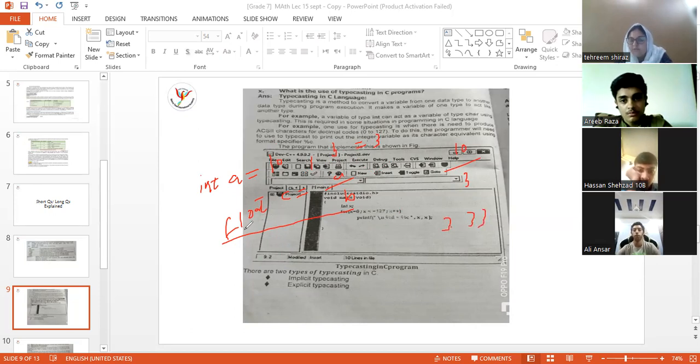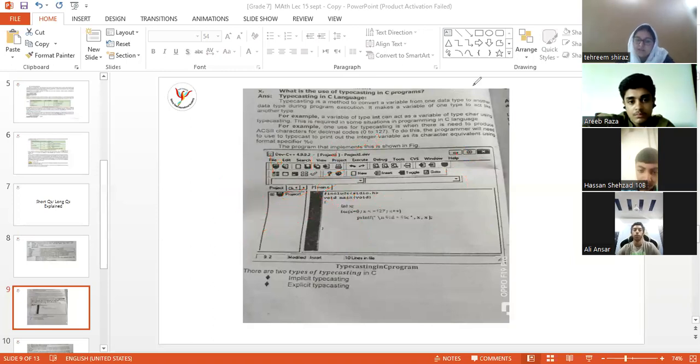But float takes the decimal values, and when I give the instructions to the computer, it will first divide the values, then it will convert into float. But while dividing integer values, it will only give the answer 3. So there is a loss of information, it will not convert it into float. It simply gives the answer 3, right? So this is the loss of information while we are doing the typecasting.